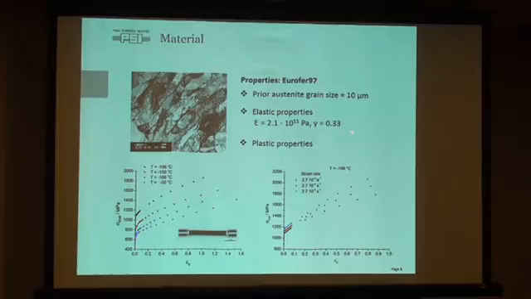The elastic properties we got from literature, so they were not determined by us, but we determined plastic properties by using standard round-shaped specimens with a diameter of 5 millimeters, in a temperature region from -50 up to liquid nitrogen. For each temperature, we conducted tests at 3 different strain rates to account also for the strain rate effect.